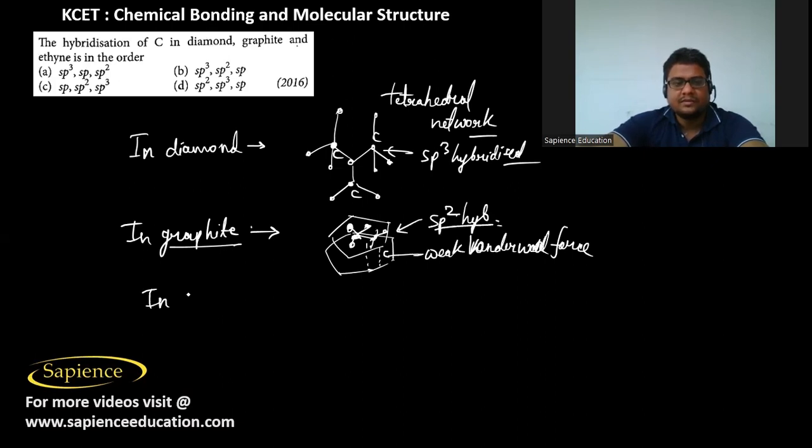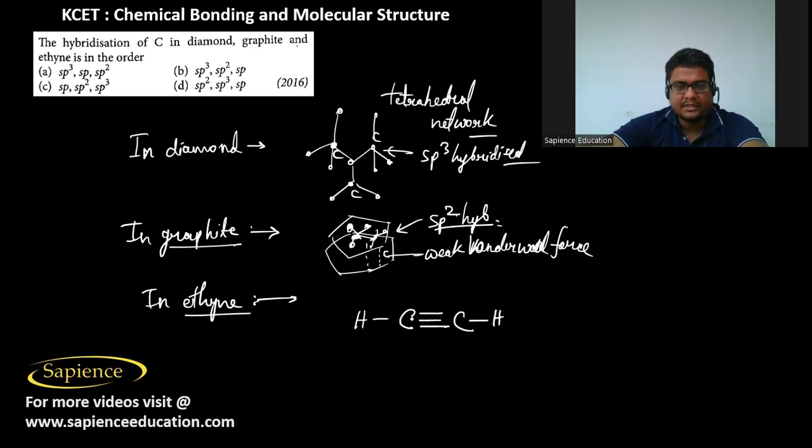And in case of ethine, the two carbon atoms have a triple bond in between them.